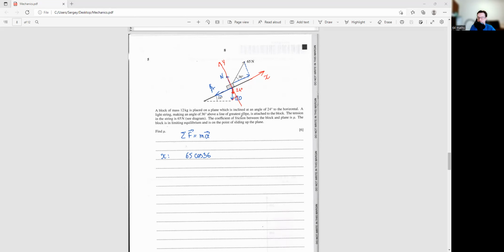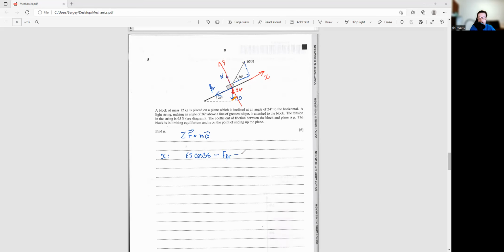Now we also have a force of friction, and it's acting in the opposite direction of the x-axis. So I'll take it with the negative sign, so minus force of friction. And we also have the x component of the weight, which is right here. It's opposite of the angle 24 degrees, so I will take it with sine.